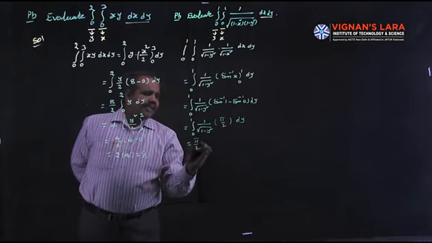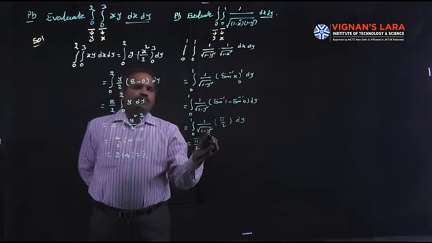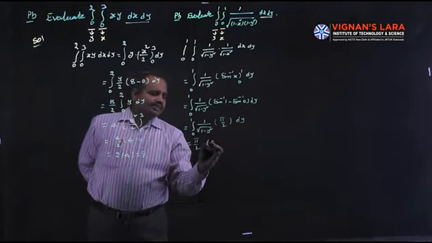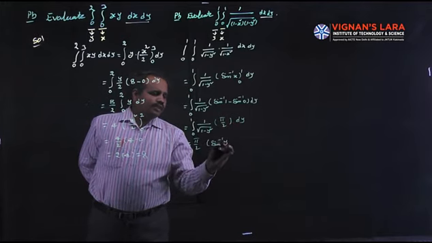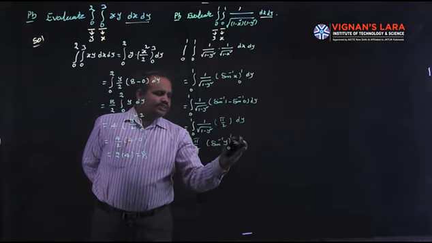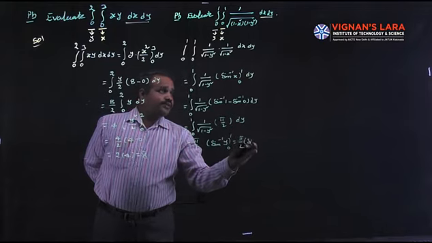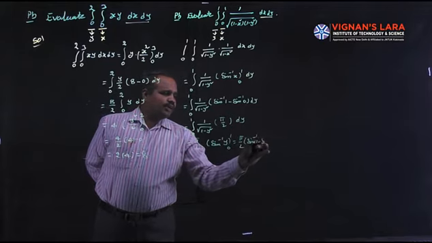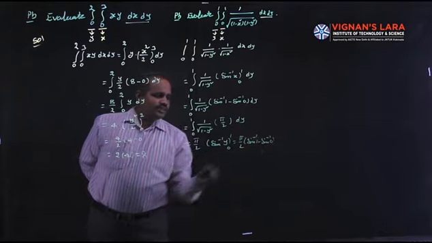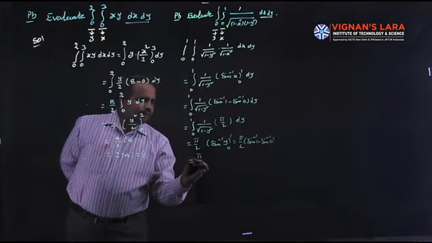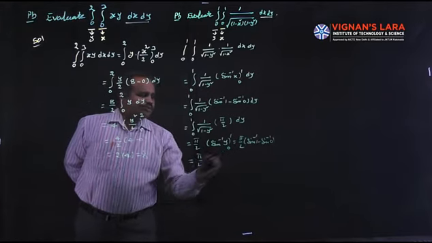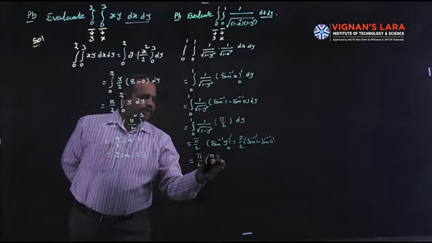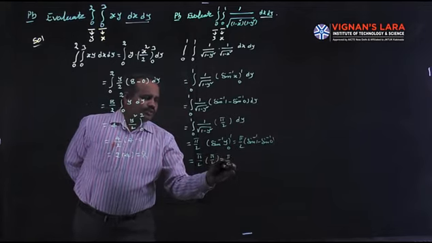Again the integral of 1 by root 1 minus y square dy is sine inverse y, limits 0 to 1, which is equal to pi by 2 into sine inverse 1 minus sine inverse 0, which is pi by 2 into pi by 2, which is equal to pi by 4.